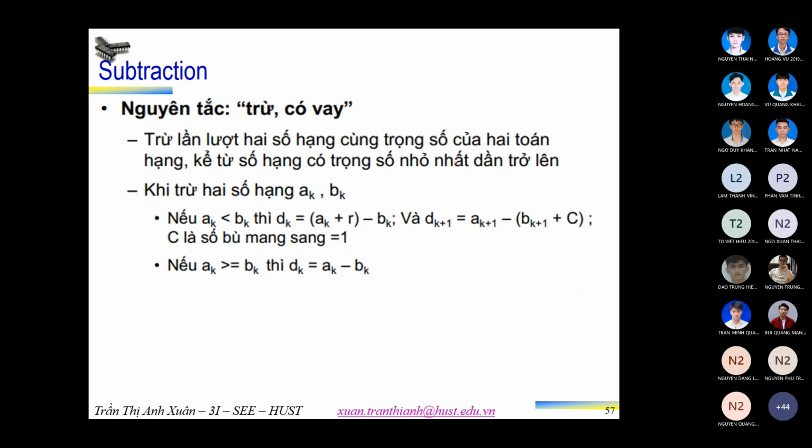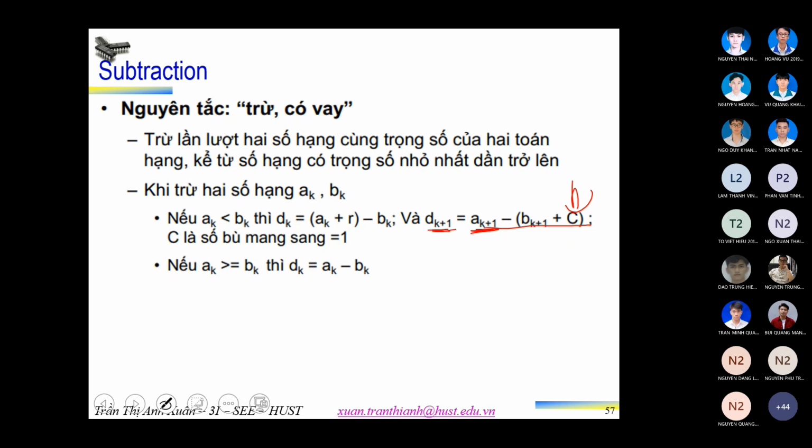For example, for each bit position k, we have the difference, and this is the formula, and this is the borrow bit from the previous subtraction bit.